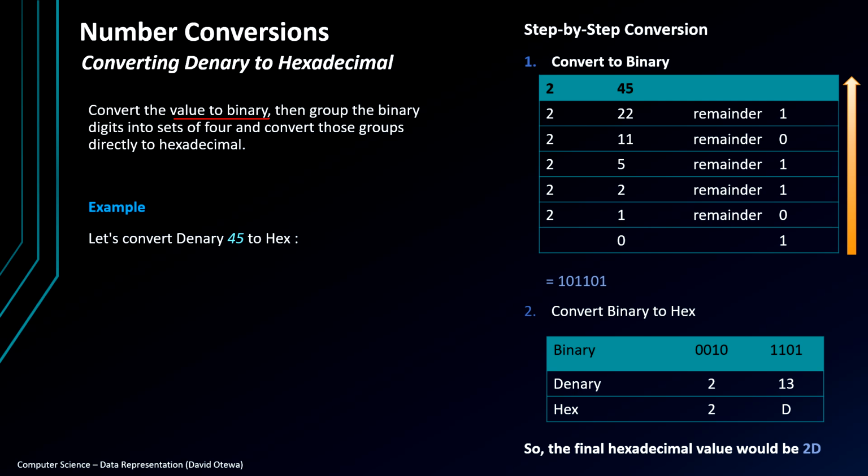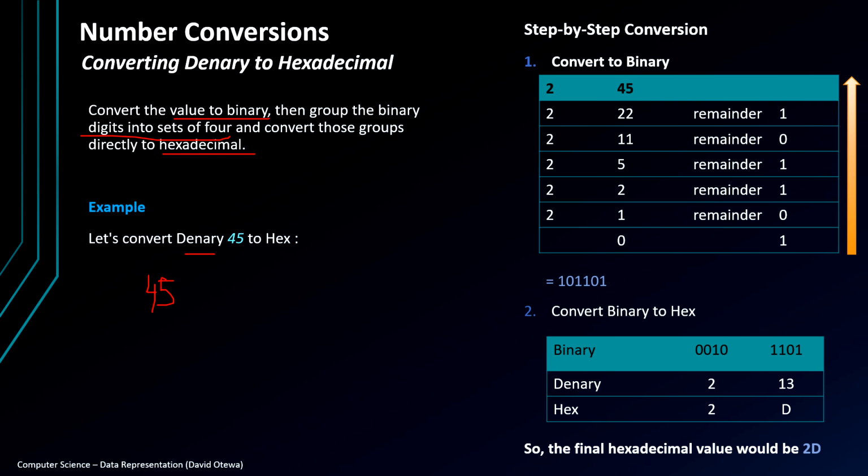Then group the binary digits into sets of 4, and convert those groups directly to hexadecimal. Okay, and we've been given 45 as our example, so we need to start the steps to see if indeed we'll get it. So we have been told to convert to binary.